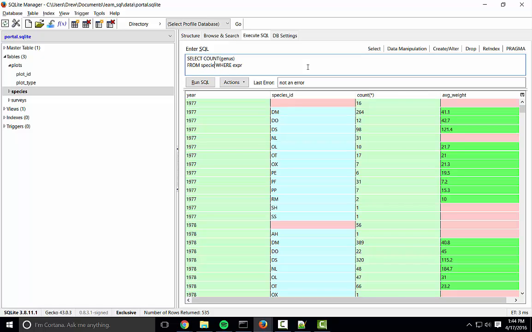From species, so that's the table, where, actually, now we want to do having. Let's do this. N genus. Having n genus greater than 10.